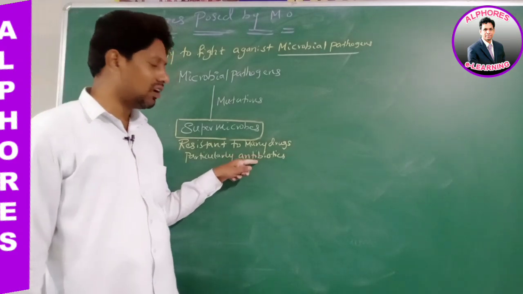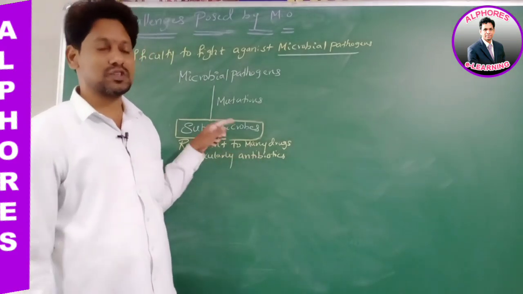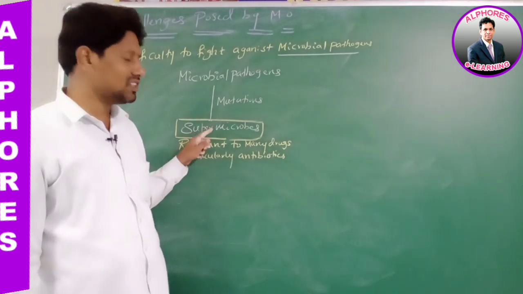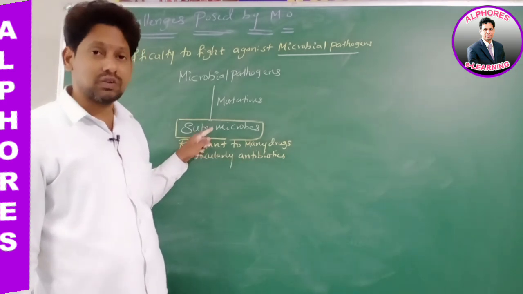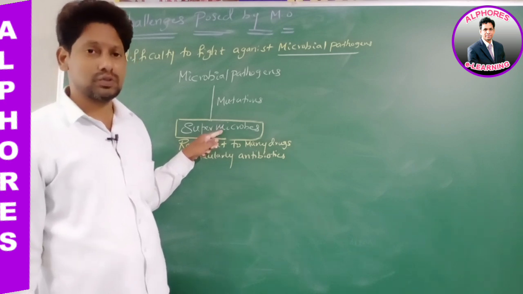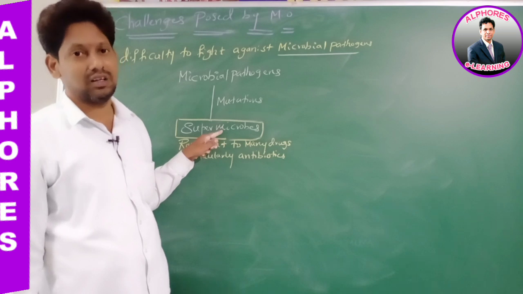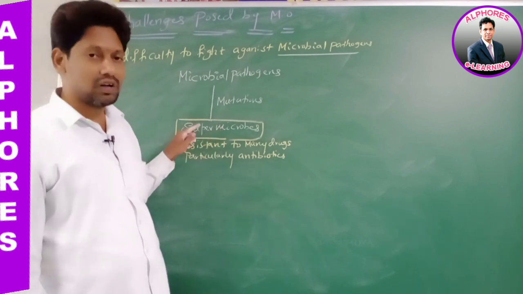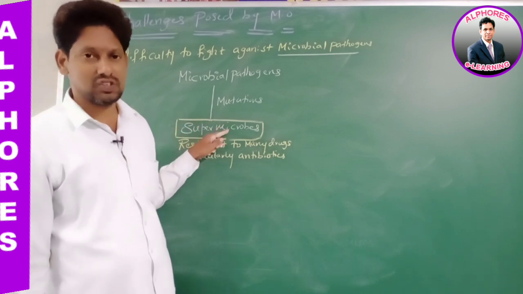It means now these antibiotics are not working on these microorganisms. Yes or no? It means now the scientists have to develop new drugs and effective therapeutics to act on these super microbes. Is this statement okay?